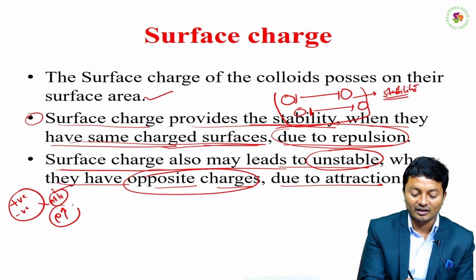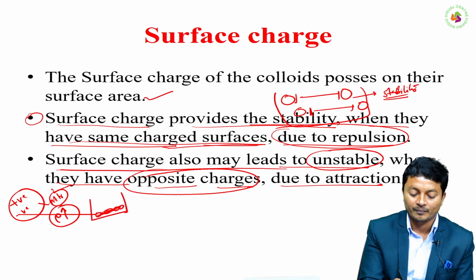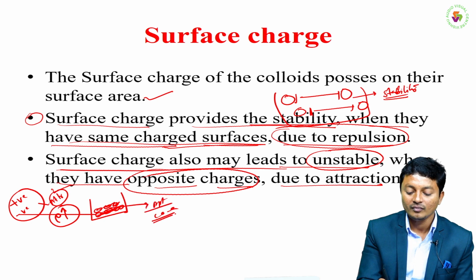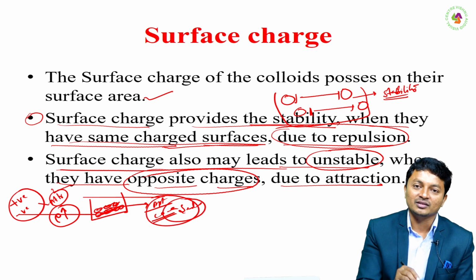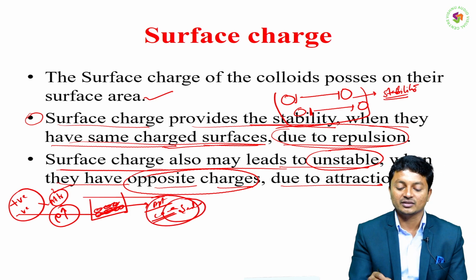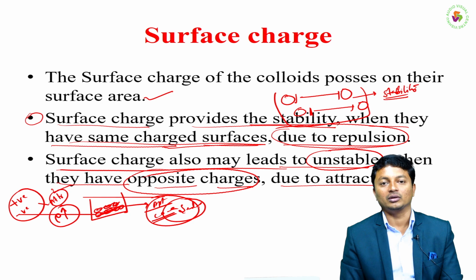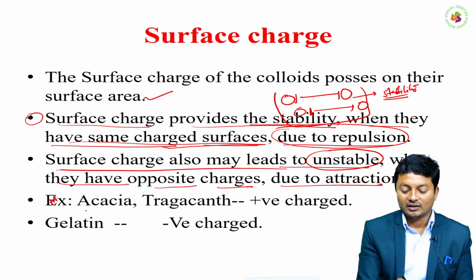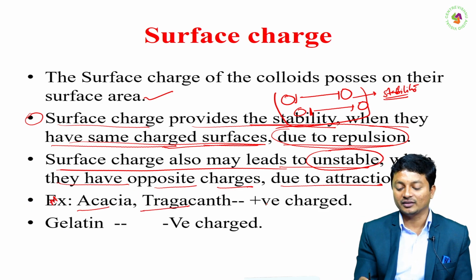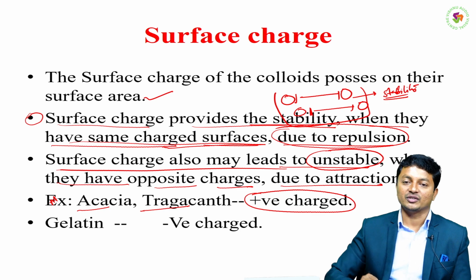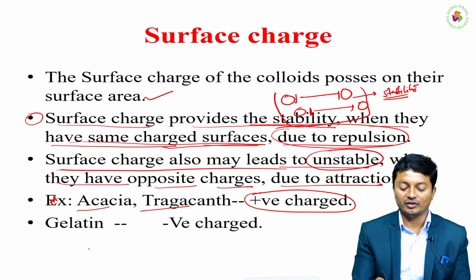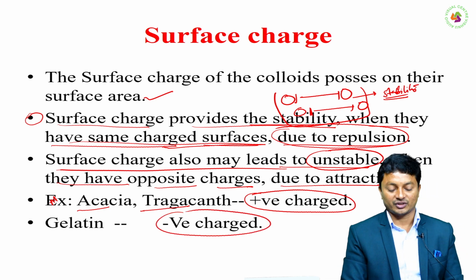When the density increases, all the particles will settle down like this, and this is known as precipitation or coagulation or sedimentation. So these properties may lead the particular colloidal substances to be unstable. The examples are acacia and tragacanth, which have positive charge, and gelatin, which has negative charge.